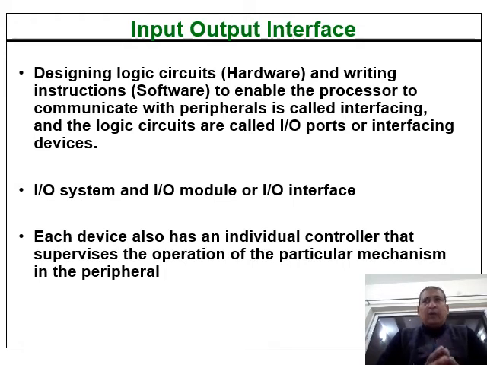Now, whenever I'm connecting such an input or output device to my machine, I connect it to a specific port. That port becomes the hardware part of the interface that is used to communicate with the input and output device. So there is basically a communication established between the CPU and the IO device.